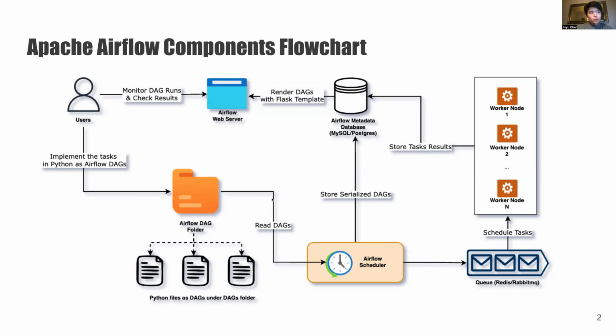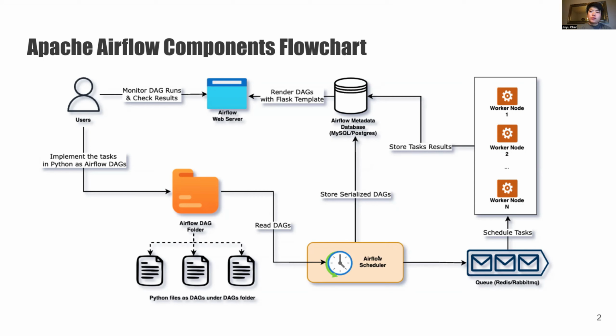We have this component here, the Airflow scheduler. It's going to read your DAGs and start scheduling your tasks. Once it's scheduled, it sends the tasks to the queue. The queue schedules tasks to the Airflow workers, right?